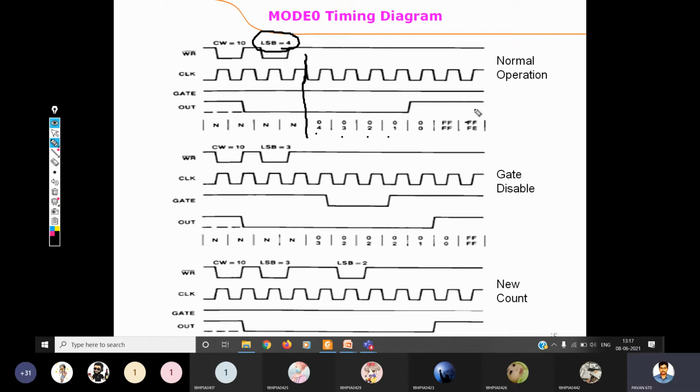If by interest some other new value is loaded into the counter, again this signal comes to the low state, and based on the clock signal's negative edge, that counting operation will again start like this. The same cycle will repeat. This is regarding mode 0 with normal condition.